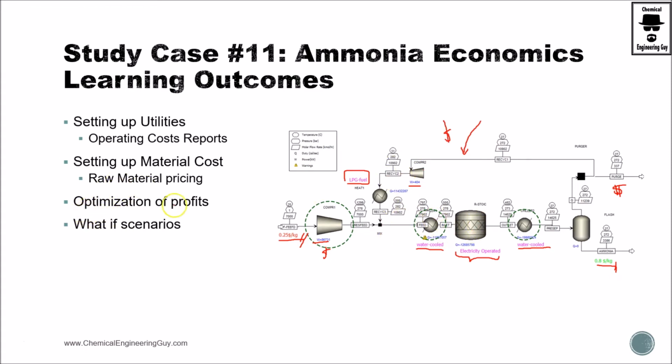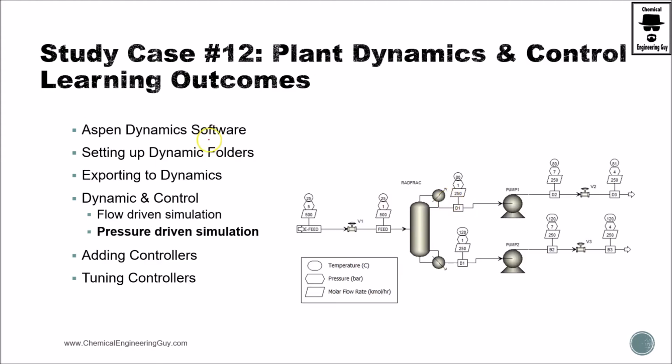The main idea is to optimize profits, and first to see if it is actually feasible to build a plant on this, and then of course optimize for profits. We are going to do two case scenarios, maybe the USA versus the European Union prices. We're going to set up some typical prices and see which one is better.